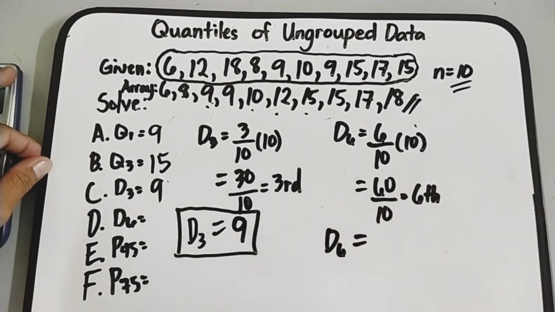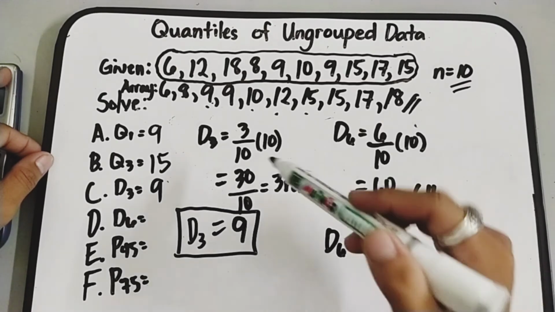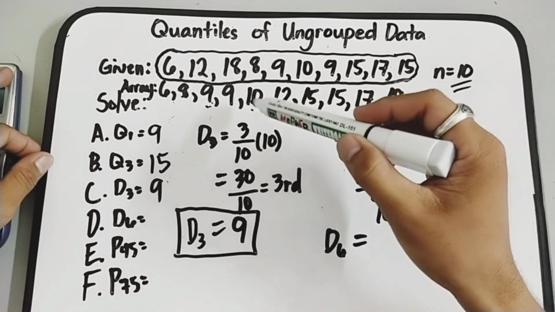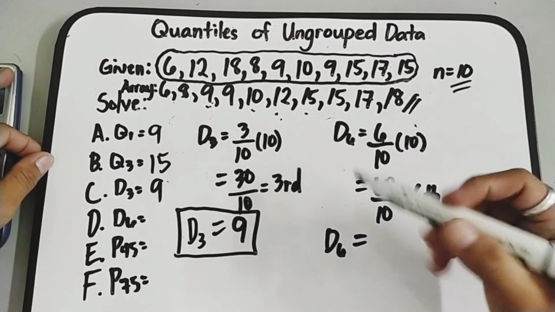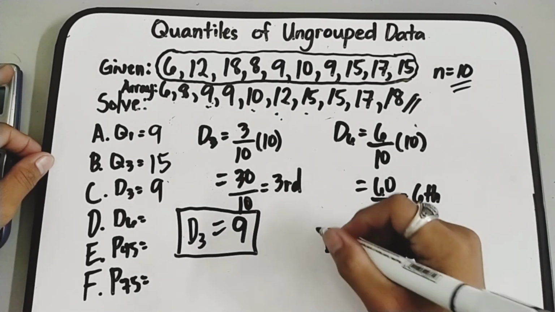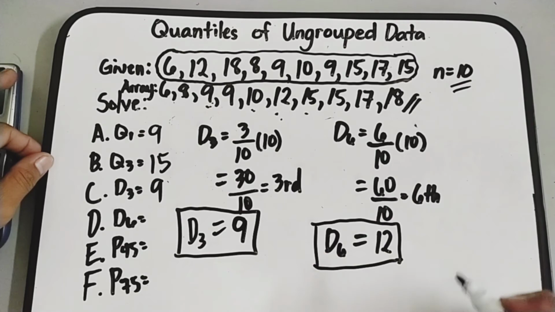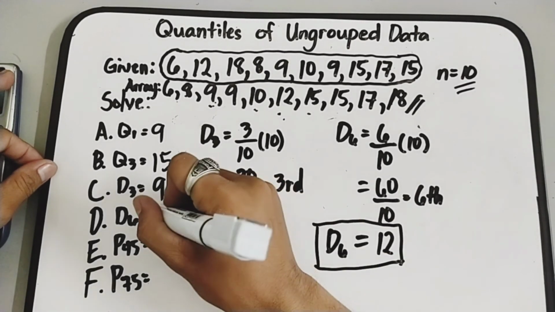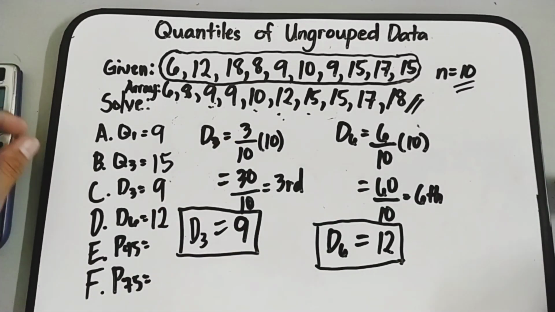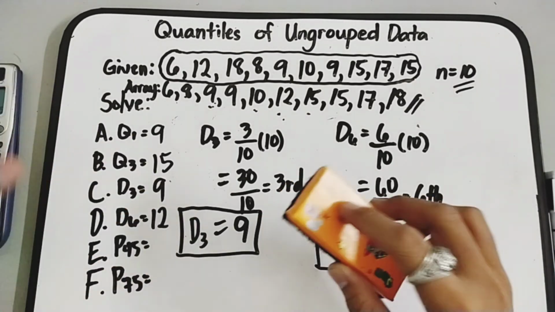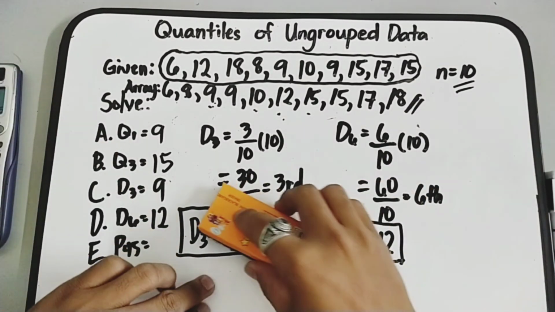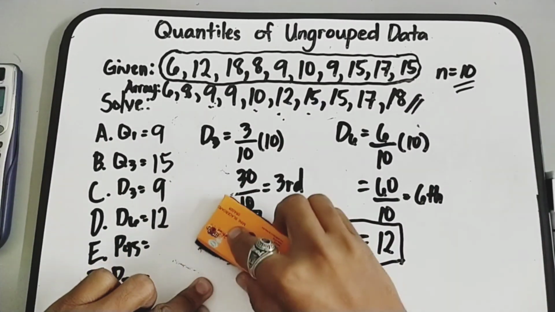So, that is our decile 6. 1, 2, 3, 4, 5, 6, which is yung 12. So, ayan yung pagkuha ng ating decile. Our decile 6 is equals to 12. Ngayon, hanapin naman natin yung percentile 45 and percentile 75.